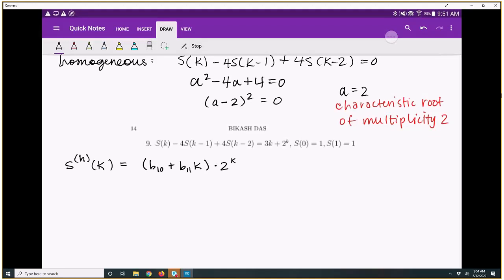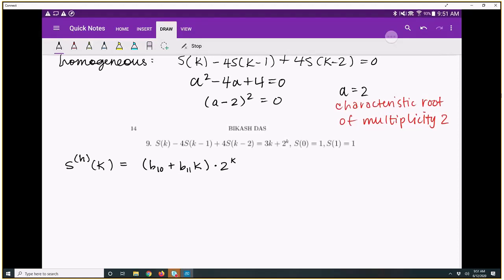If it were not a root of multiplicity 2, I would just have a coefficient times 2 to the power k. Since it's multiplicity 2, I have to do something like this. Coefficient plus some other coefficient times k, all times 2 to the power k.